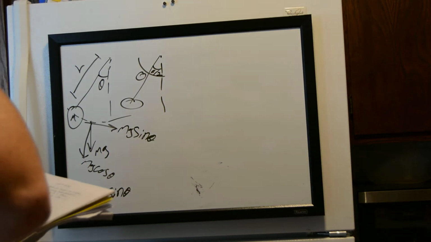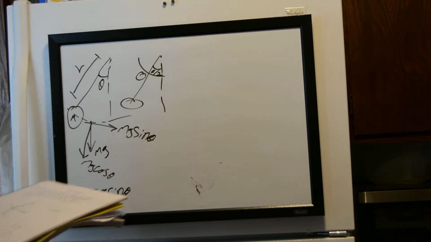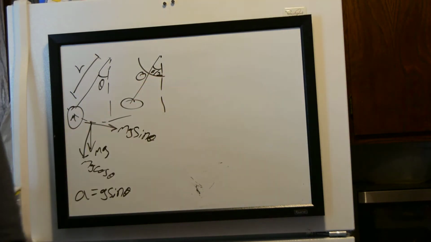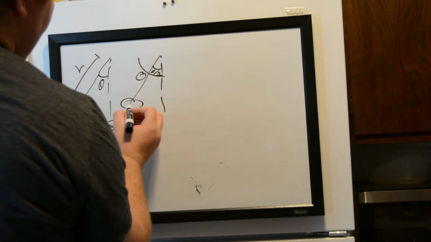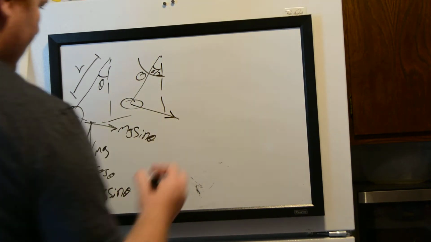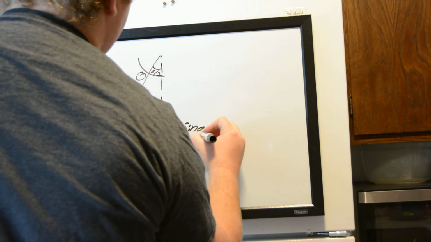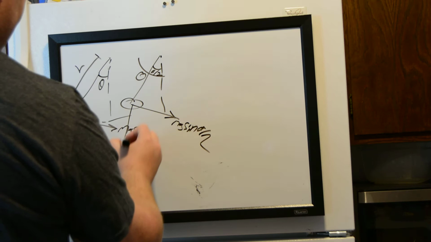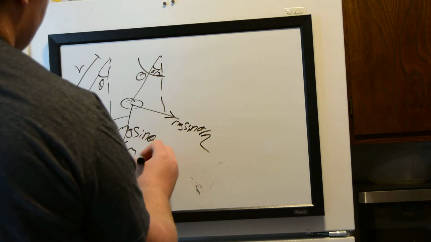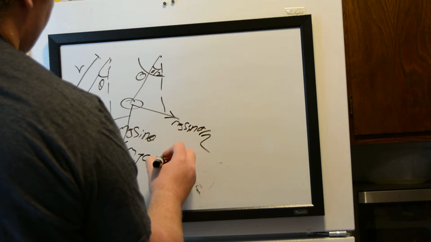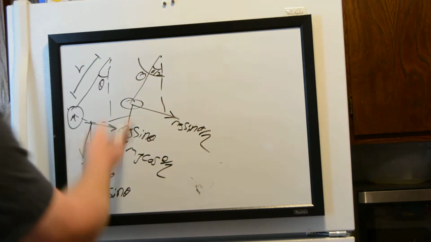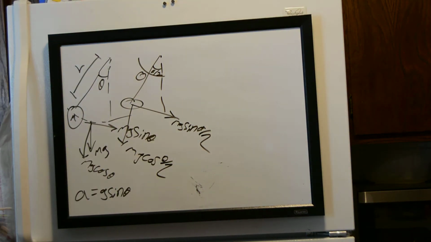And then everything else just goes off of the theta half. So the acceleration there is going to be mass times gravity times sine of theta halves. Mass times gravity times cosine of theta halves is going to be the tension on the pendulum.